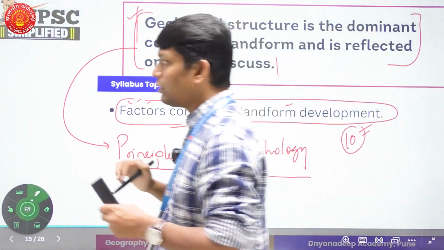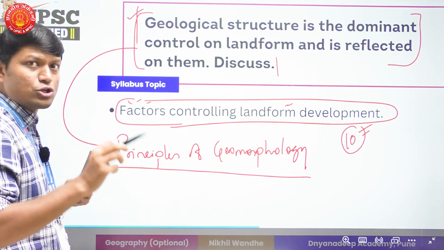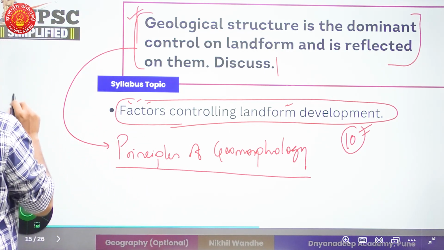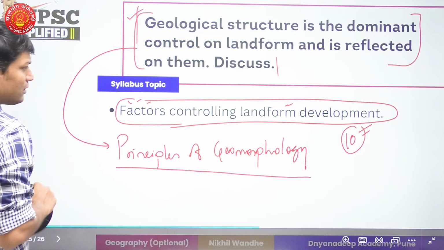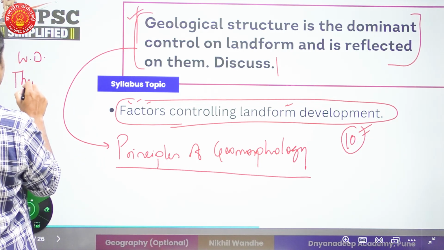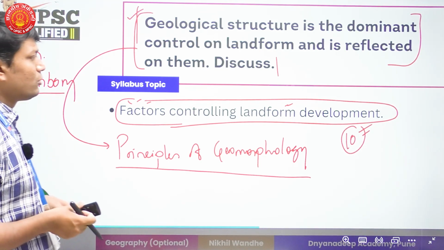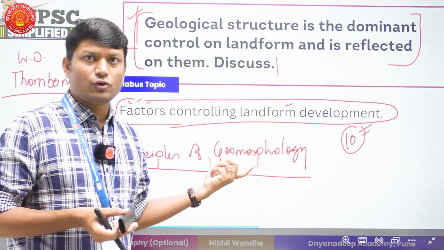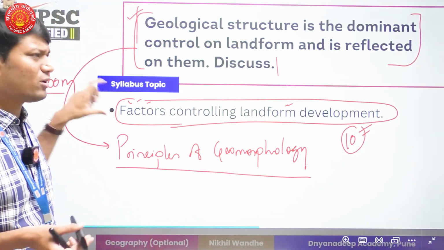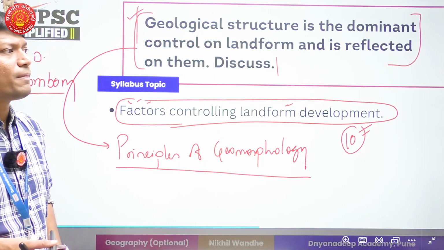For this topic, you will have to follow a typical geomorphology textbook, such as W.D. Thornbury. There is a topic, principles of geomorphology, and I guess W.D. Thornbury comes with the same title as well.